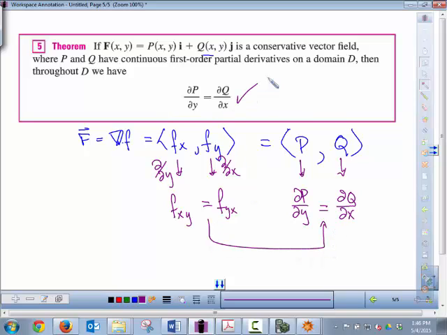And so that's the relationship that we can check for to see if this is a conservative vector field.